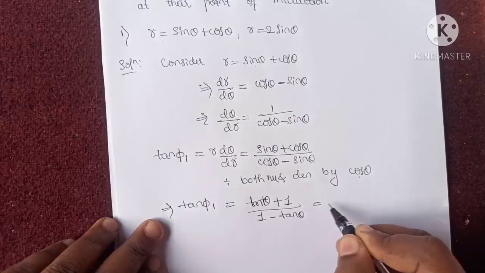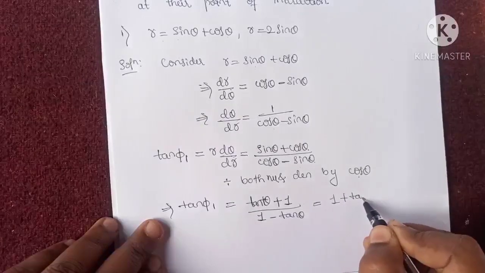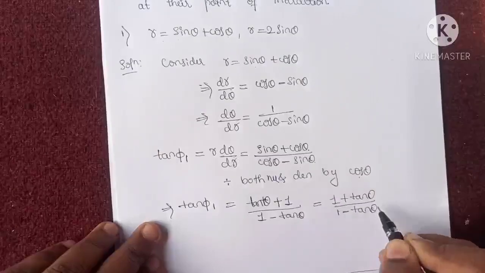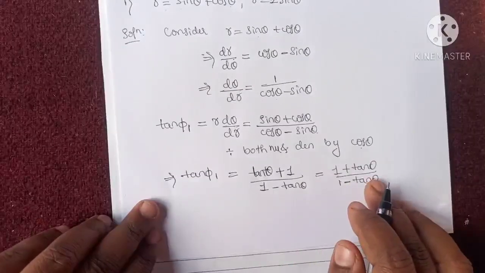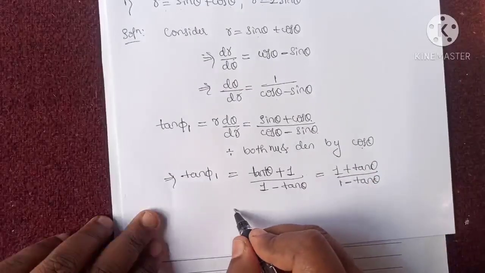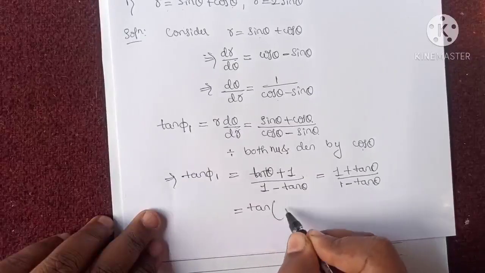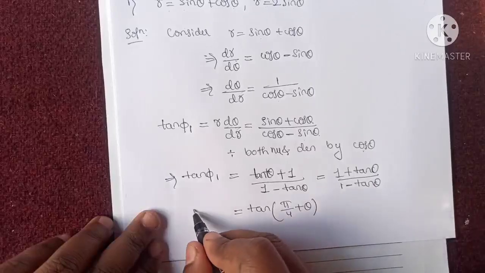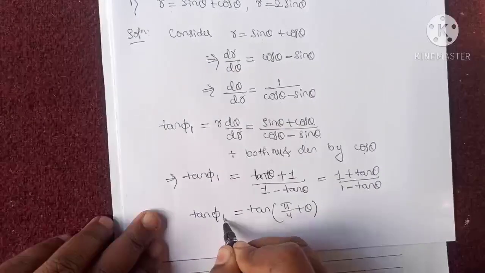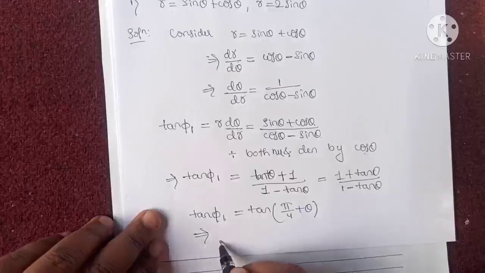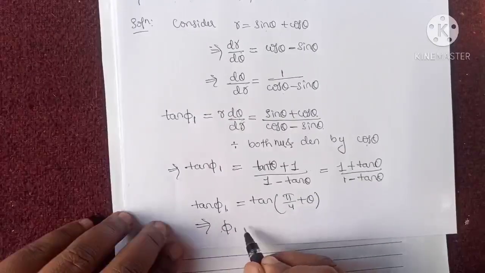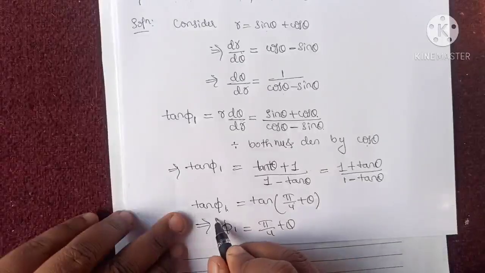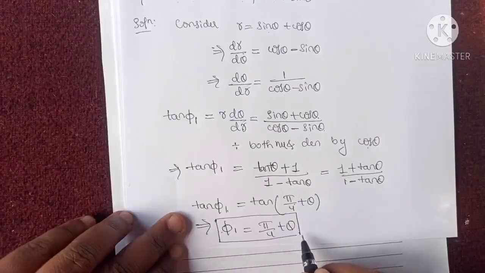This can be written as 1 plus tan theta divided by 1 minus tan theta. We know that 1 plus tan theta over 1 minus tan theta equals tan of pi by 4 plus theta. So from tan of phi 1, we get phi 1 equals pi by 4 plus theta. So this is the phi 1 value.